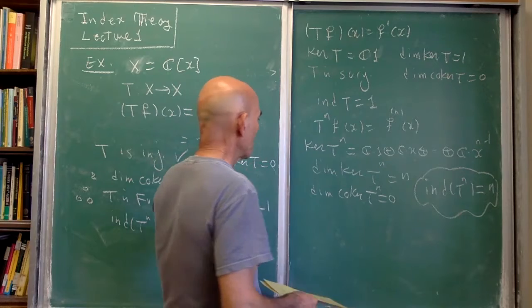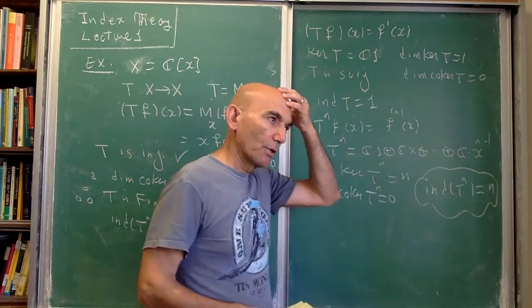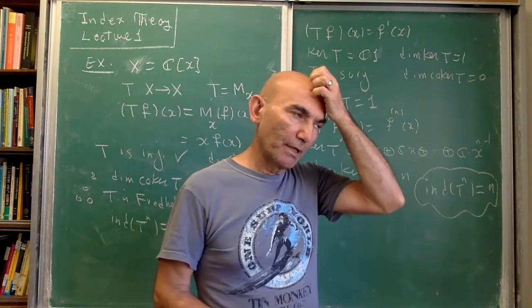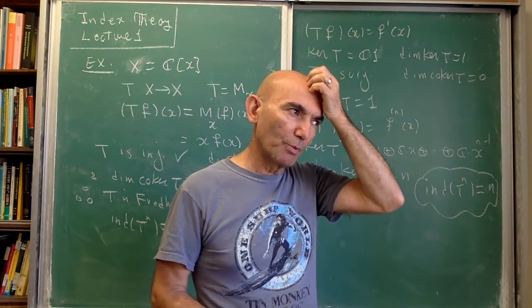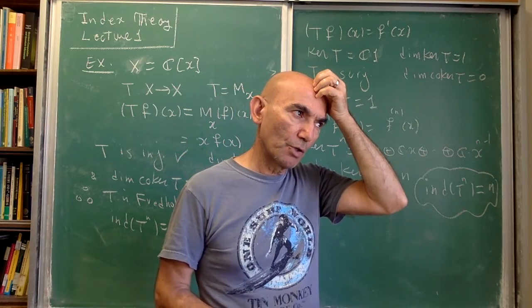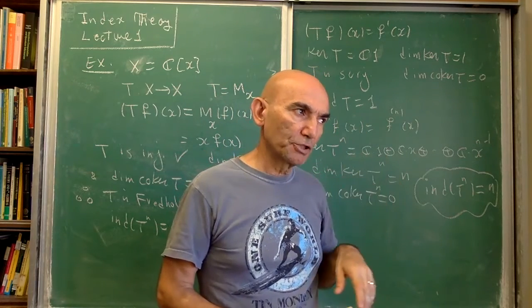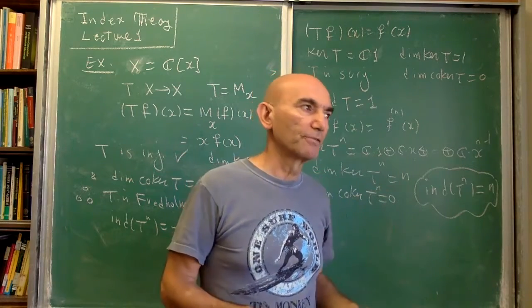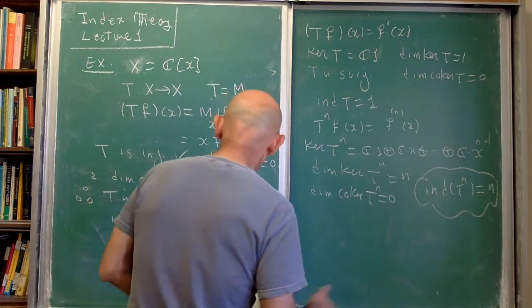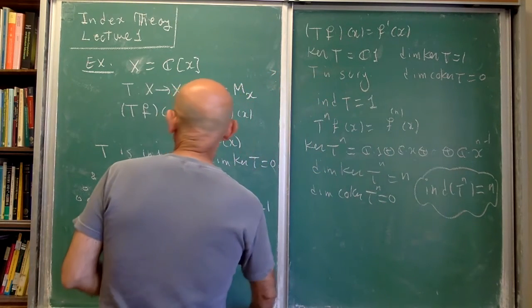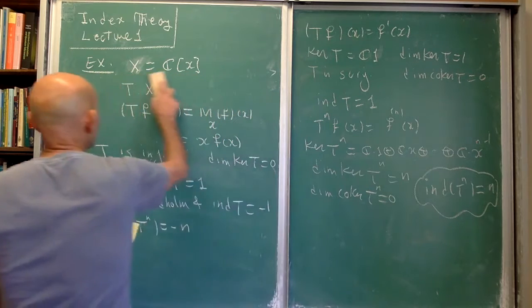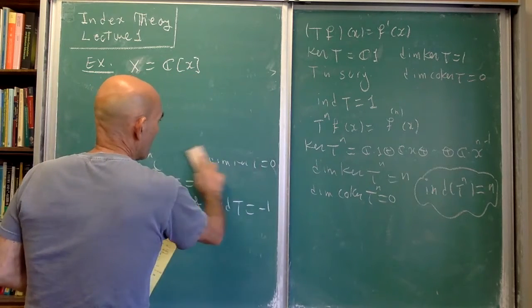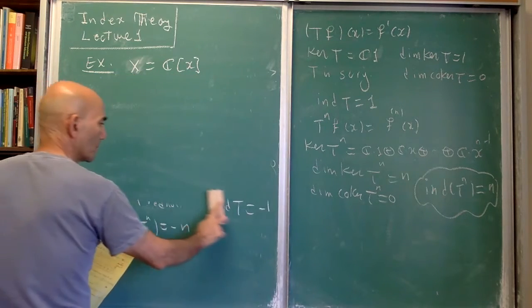Now, these two operators, differentiation and multiplication operators, have closely related operators, which are called unilateral shift operators. We can have forward shift and backward shift. Maybe I mention these things because they play an important role later on. They're good examples, anyhow.